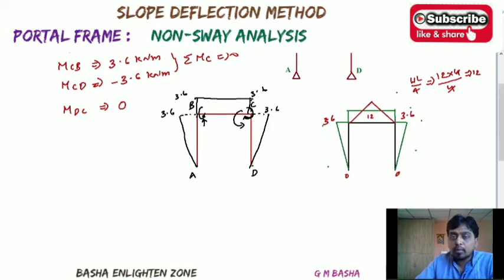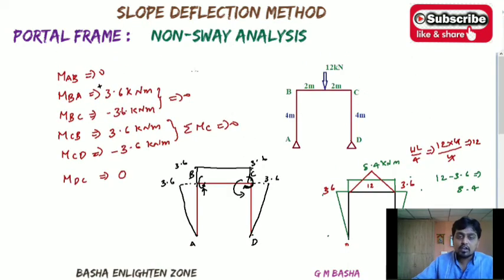If you want the net moment, what we have to do is 12 minus the triangular ordinate, minus the rectangular load, minus 3.6. You will get around 8.4. So that is the net bending moment value. Friends, this is the way to draw the bending moment diagram and to find the net bending moment value. After finding this, you just calculate the horizontal and vertical reactions directly.